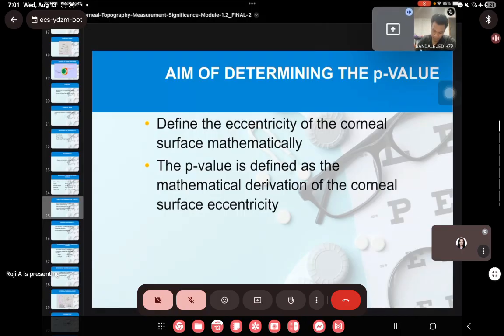And where is this important, Randall? Well, for determining the asphericity or the eccentricity of the cornea. Why is it important? You're kidding me. You're just saying what I just said. What is it for? What's the importance? Let me ask it this way.